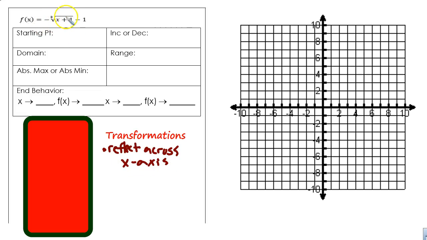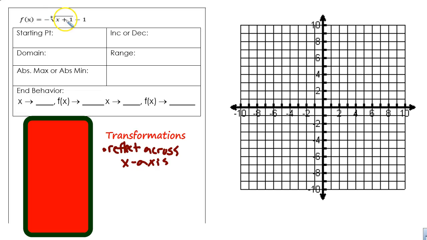Underneath the radical sign, we have a plus 1. Remember that underneath the radical is left and right, transformations that are horizontal in nature. And it's always the opposite of what you think. We don't have a coefficient example here, but we do have this plus 1 under here, and that's a shift left or right.